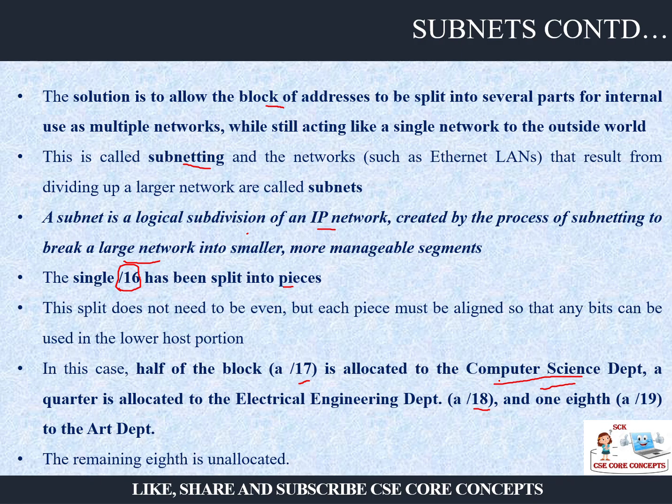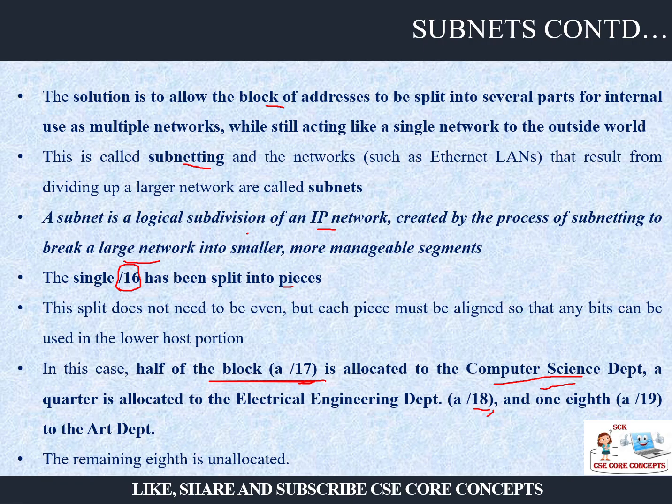If you perform 2 to the power 14, what answer will you get? You can compute that. That many hosts is for the electrical engineering department, that is 16,000. So more than 16,000 hosts you can give to the electrical engineering department.